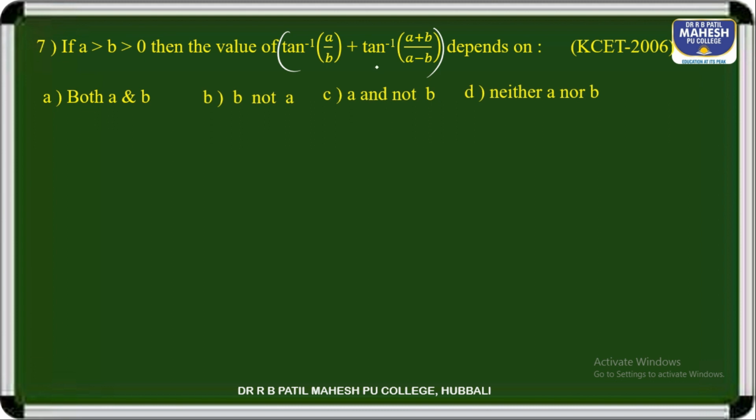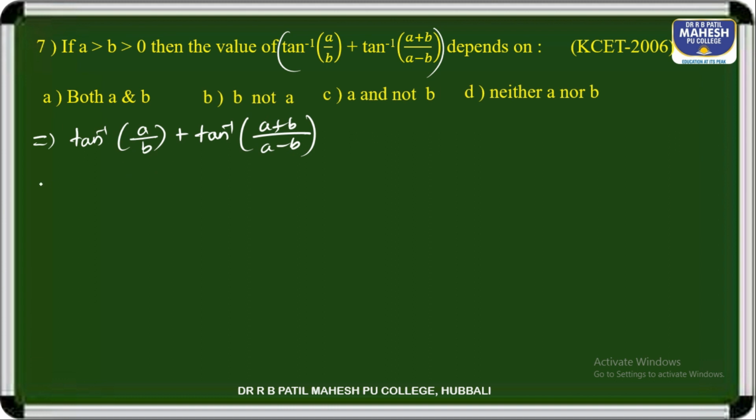Later we can compare the options here, which option is going to match the answer. So let me take the given expression. Tan inverse of A by B plus tan inverse of A plus B upon A minus B.